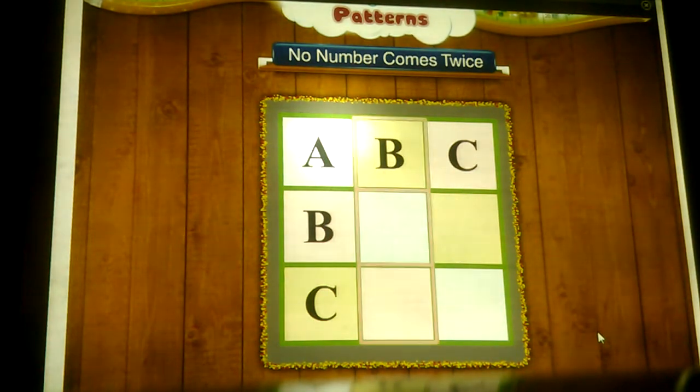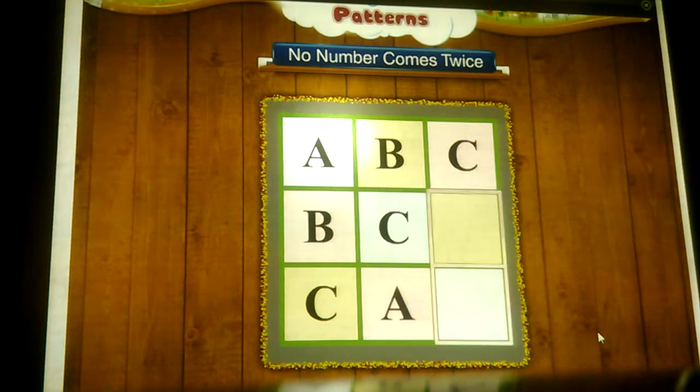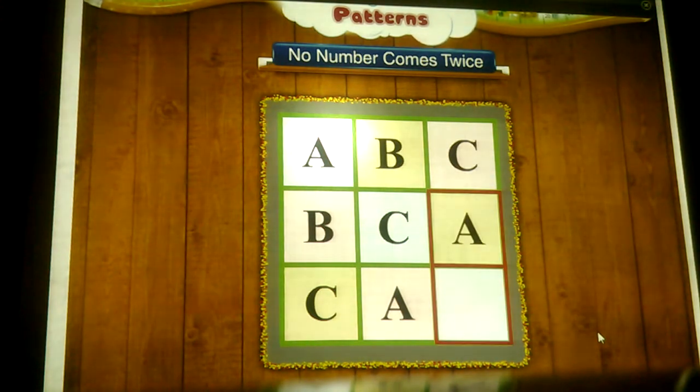So we will write C and A in the second and the third box respectively. In the third column, we can see that letter C is written. So we will write A and B respectively in the second and the third boxes. Thus, we have completed this box.